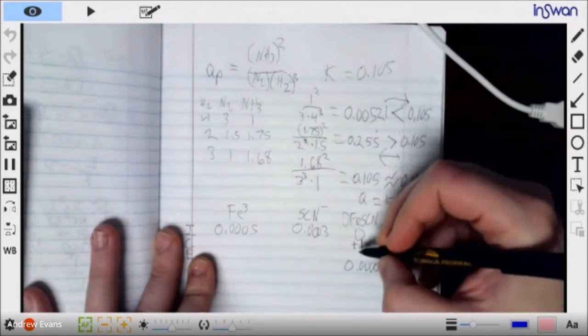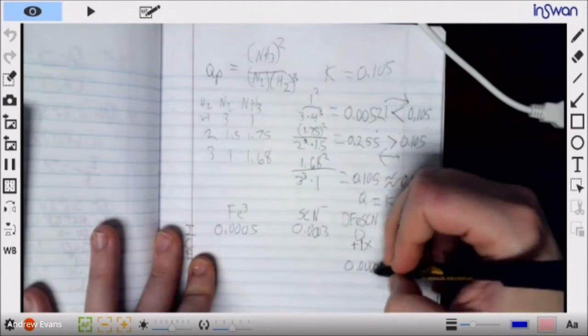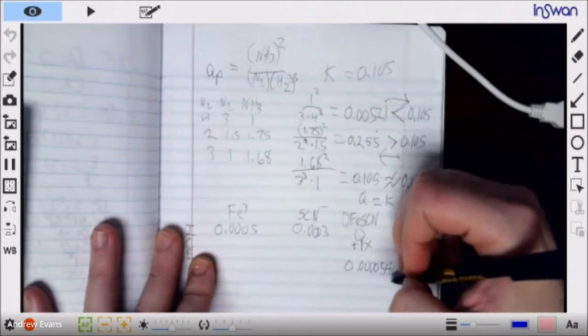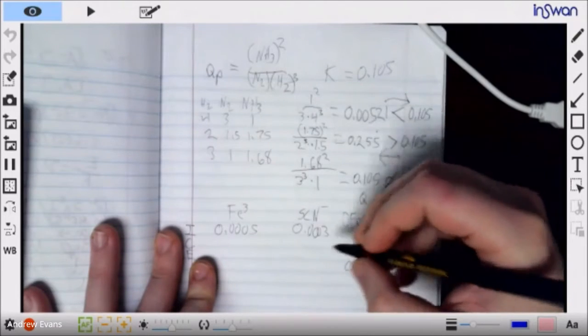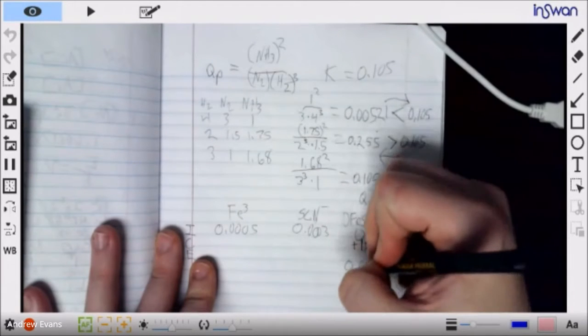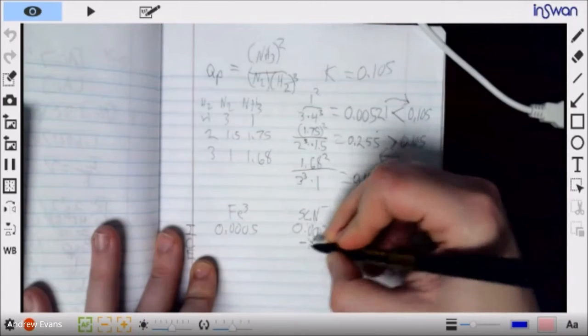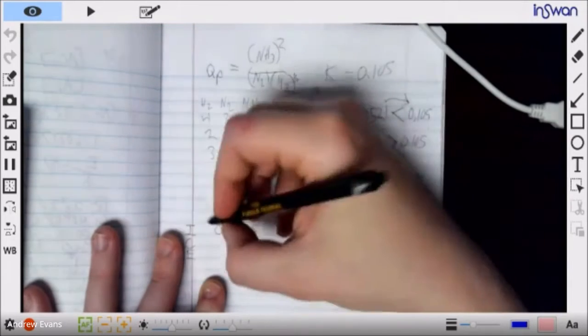So this goes up by 1x. We don't know x, but based on this, we can figure it out. Because this is going up by 1x, these must go down by 1x and 1x.